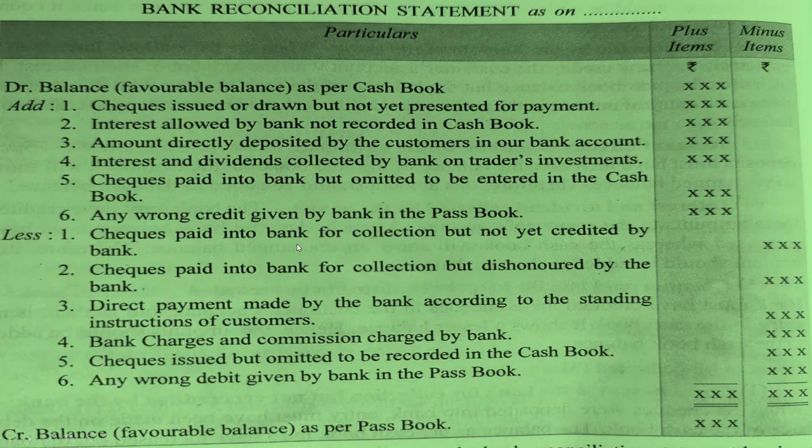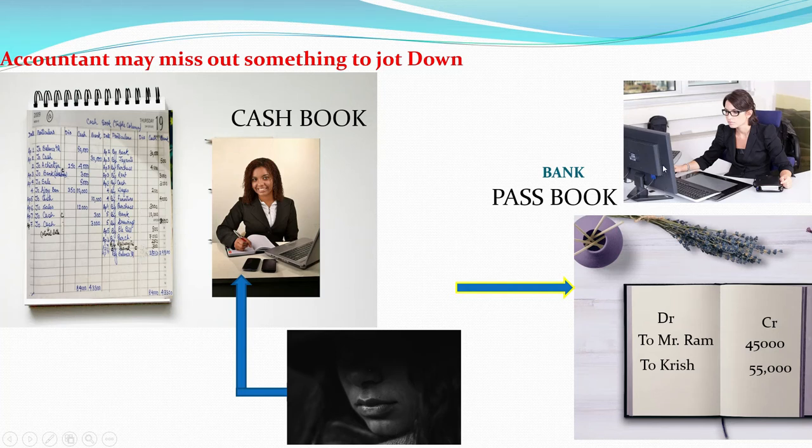Now, the third one is bank direct payment made by the bank according to the standing instructions of customers. Now as the accountant of the bank has deducted the value from passbook in order to pay the amount on behalf of the customer, passbook has been debited by a certain amount.